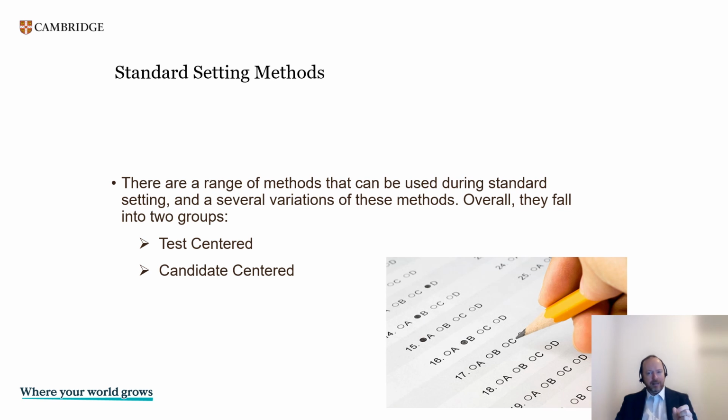We use a candidate-centered method when we carry out standard setting for speaking and writing. This is when we base our judgments on candidate performances. Both test-centered and candidate-centered methods may use data from IRT or Rasch analysis alongside panel judgments to come to the final decision.